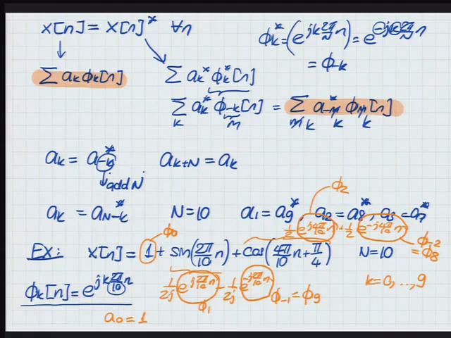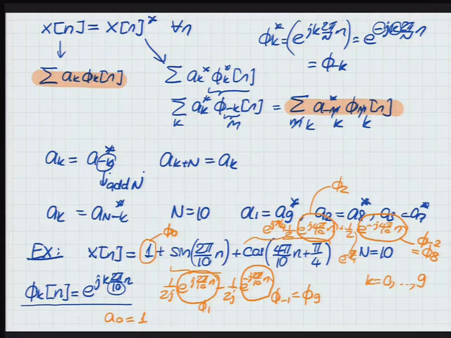Of course I'm missing the phase. Thank you. So the phase has to go here in the form of e to the j pi over 4, right? Yes. And then here, thank you for catching that, e to the negative j pi over 4. Yes, thank you. So A0 is 1.